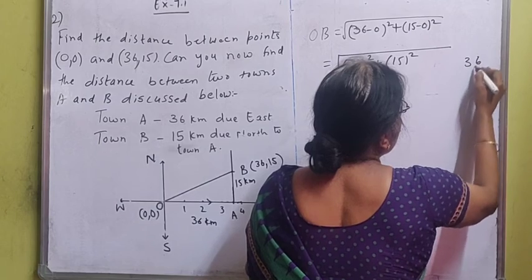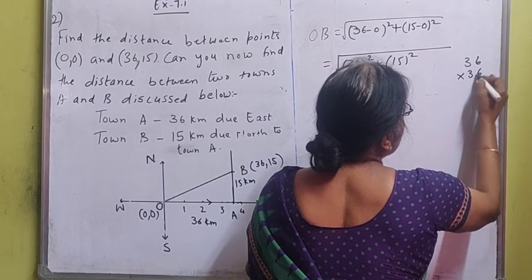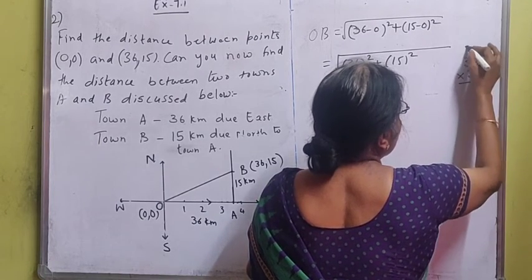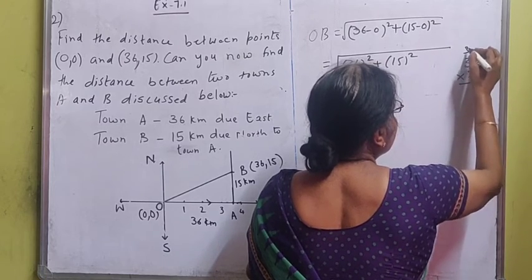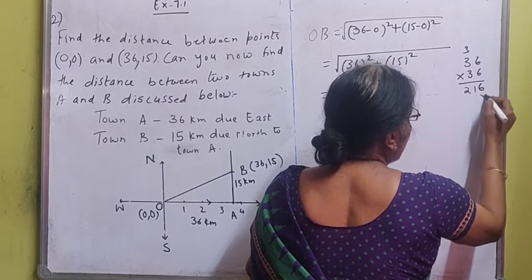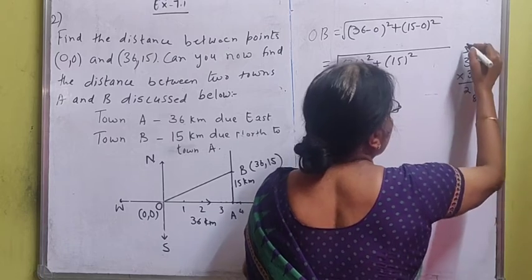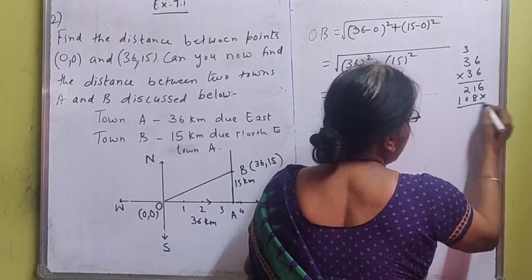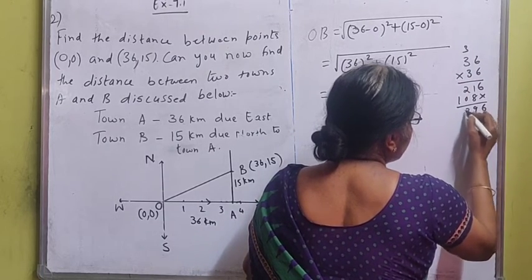So it is equal to 36 square, so 36 into 36. 6 6s are 36, carry 3. 6 3s are 18 plus 3 is 21. 3 6s are 18, carry 1. 3 3s are 9 plus 1 is 10. 1296.